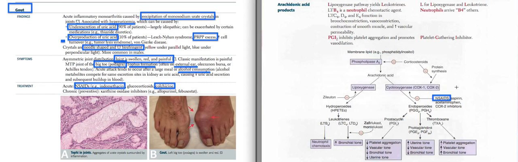So side effects for NSAIDs are very minimal, and that's why they're first line. We mentioned colchicine, which is a microtubule inhibitor, actually has more of a rigorous and brutal side effect profile. And then third line here we mentioned are glucocorticoids. Okay, so we see here that corticosteroids are actually listed further up the chain for the arachidonic acid pathway.